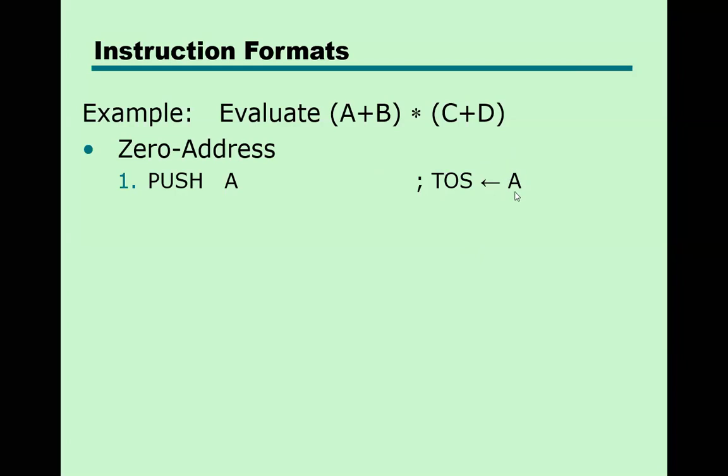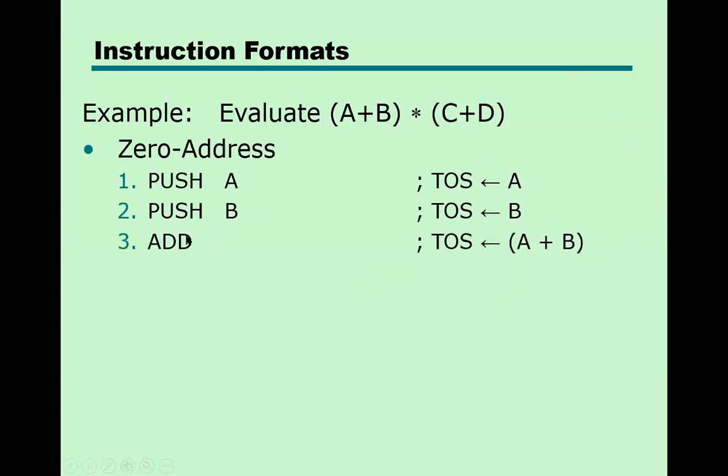If your first element is A, it would be the top of the stack. So first we push A into the stack, then we push B. When you push B, B is on top of the stack, because A is the first one and B is the second one.